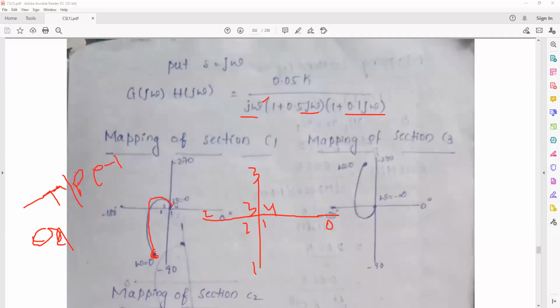So this is the first mapping, section C1: the starting of the polar plot and the ending of the polar plot.